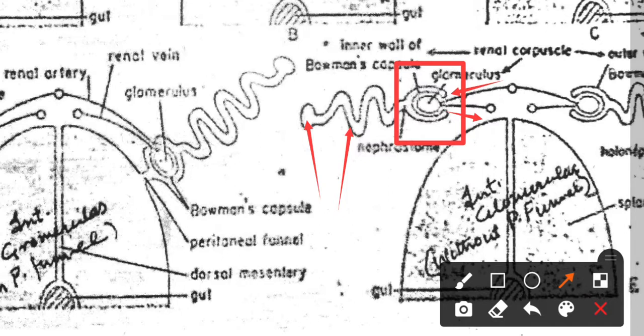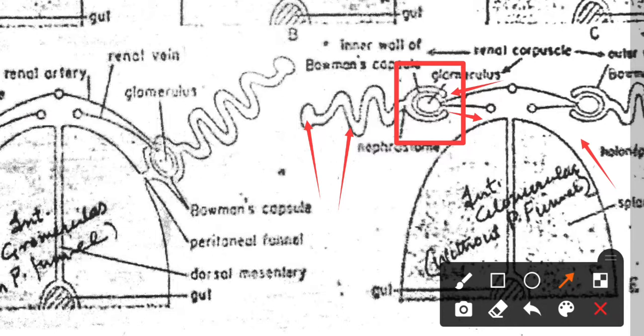And students, there is a very important thing, that there is no connection of the Bowman's capsule with the splanchnocoele of the animal. So this is the most important thing. Here the glomeruli are the internal ones. There is no peritoneal funnel as such.